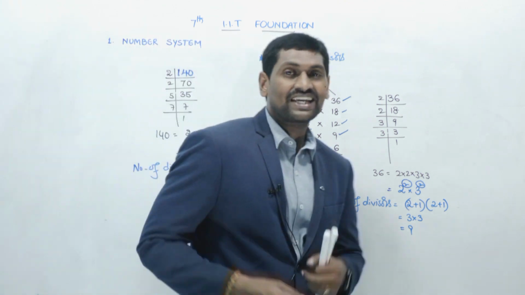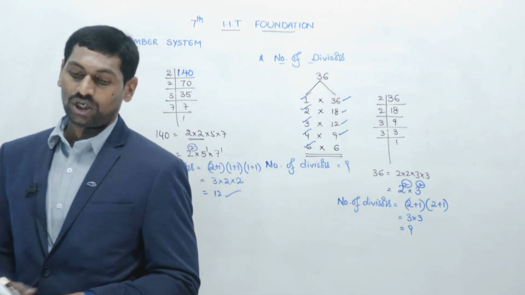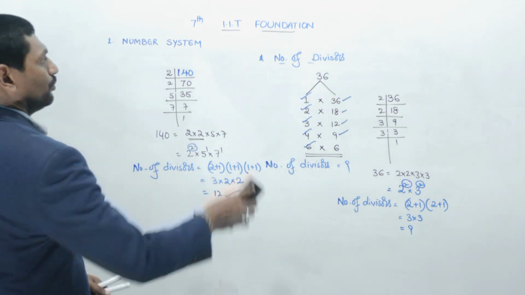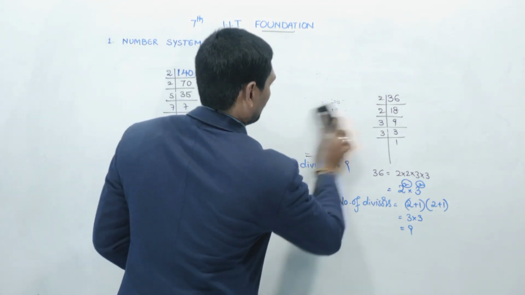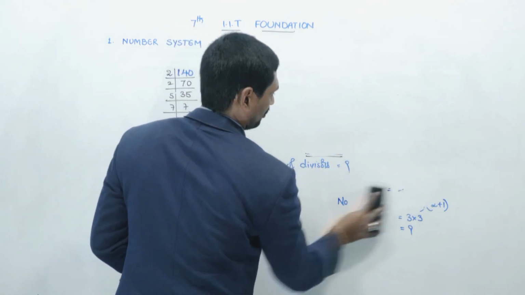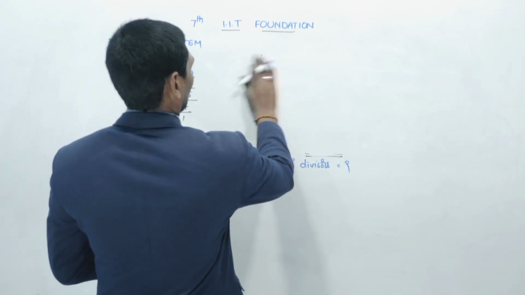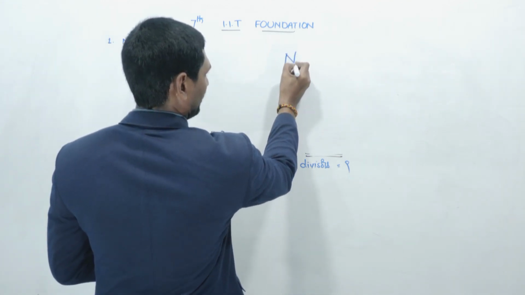So based on this, can we derive a formula for this shortcut? Just look into it. Yes, we can write a shortcut for this. Let n be a composite number.